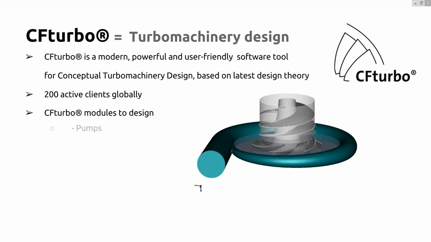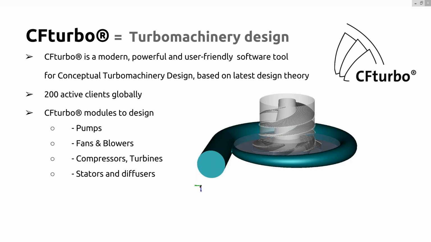CFturbo, the software, is split into different modules. One can use those modules to design pumps, both axial and centrifugal, fans and blowers, again, axial and radial, compressors and turbines, and of course complementary components like stators and diffusers, as well as volutes.